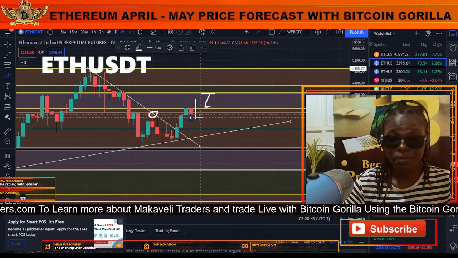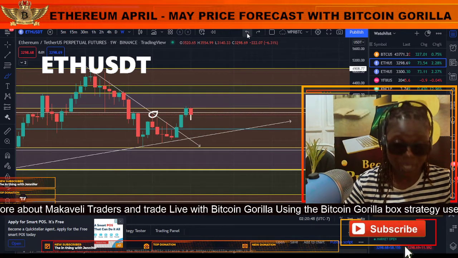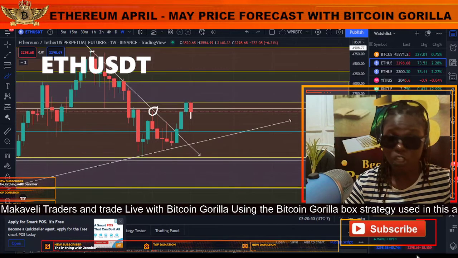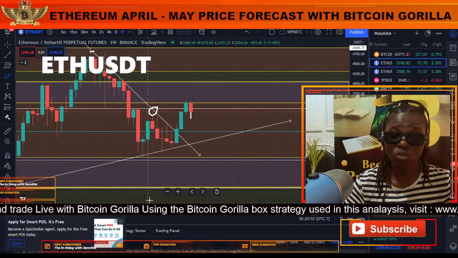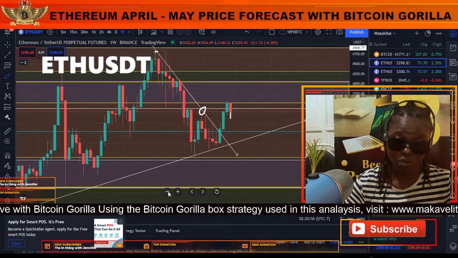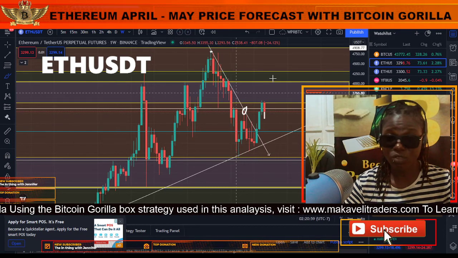but the weekly chart right now is projecting that on a weekly run, the move is not done. We are likely going to see 4,000 still. Yes, 4,000 is still very possible.